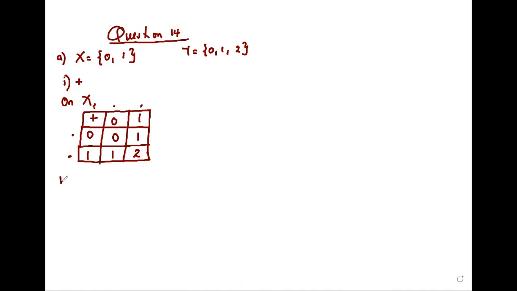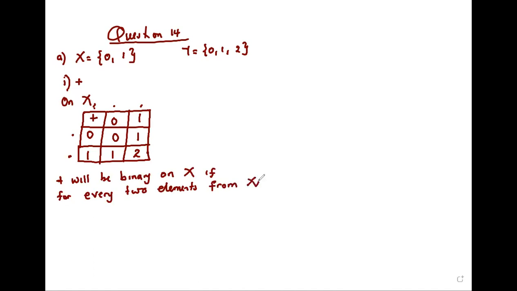Now, plus will be binary on X if for every 2 elements from X, when added, are giving a solution in X.